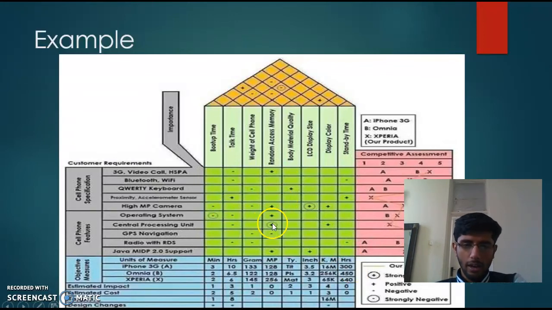Like here, the central processing unit and random access memory, the relationship between these two characteristics is very strong, while the relationship between these characteristics is very low. So this is how the house of quality works, and this is how it explains the QFD function.